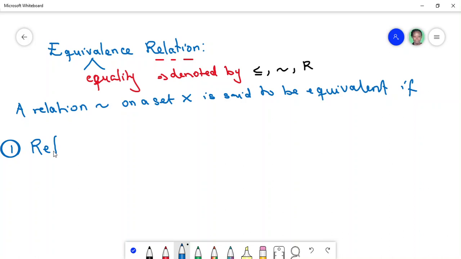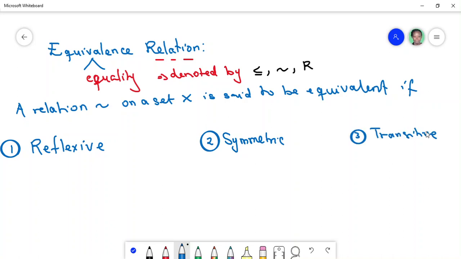Two, it is symmetric. And three, it is transitive. So if I define this, then that makes the equivalence relation.